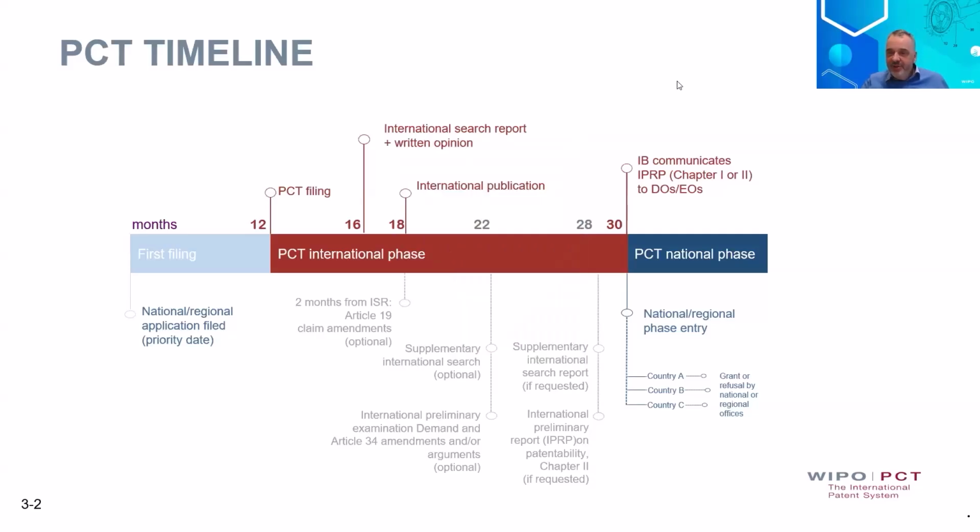I see there's one other question coming up, and it says, please explain PPH. I can do a very, very quick explanation on PPH. So PPH is basically something which is not as such regulated in the PCT, but it's bilateral or multilateral agreements between some of our contracting states.